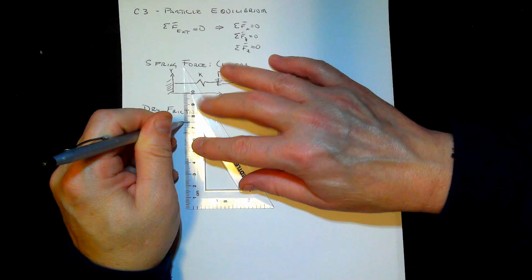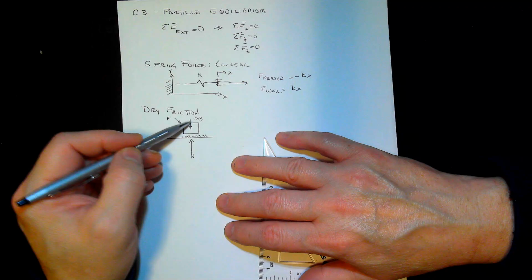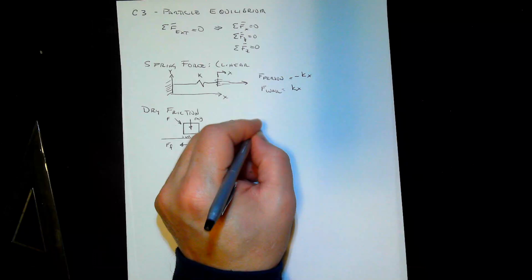Given that, we have a couple more equations available to us. Spring force. This is a linear spring. Picture something along the lines of this. Here's, say, y, and here's x coming off.